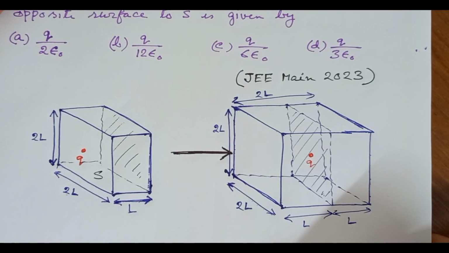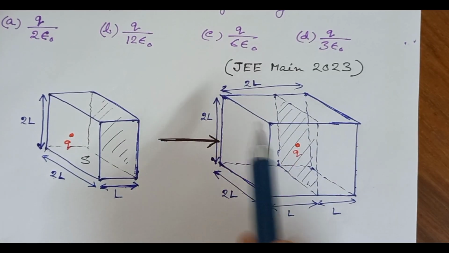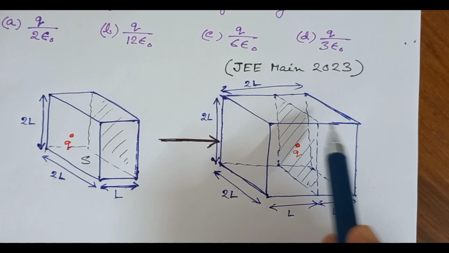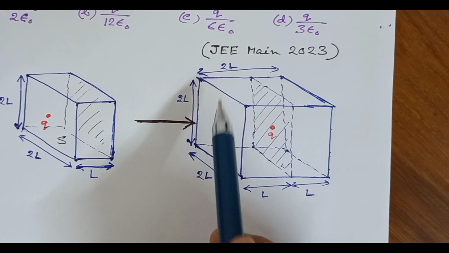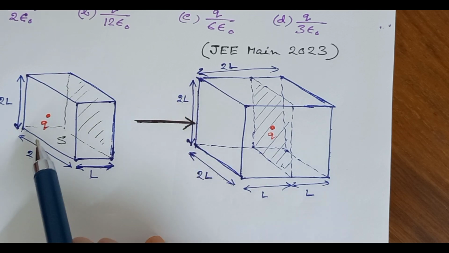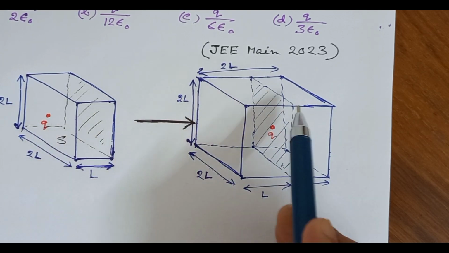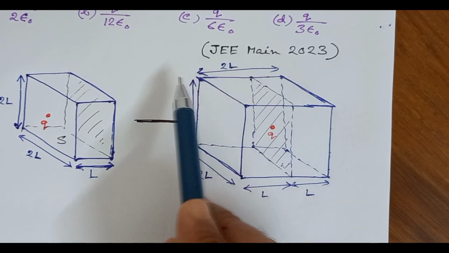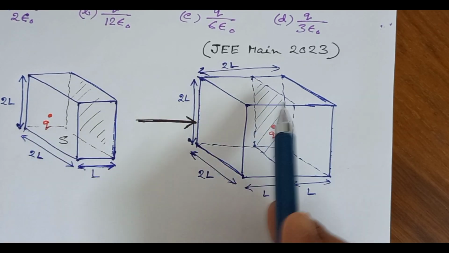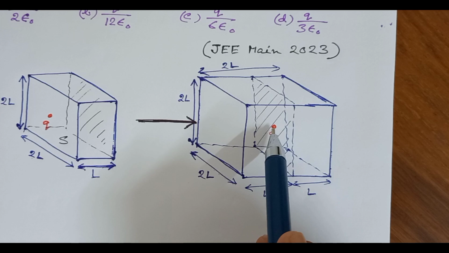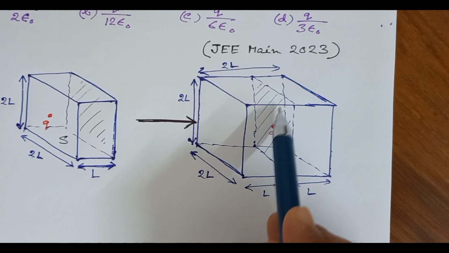Now to solve this problem, let us draw a cube of sides 12, or we can complete the cuboid to a cube with sides 12, and suppose this charge is situated at the middle of the cube on this surface.